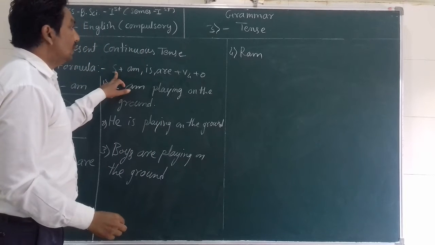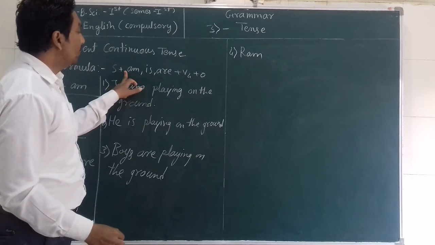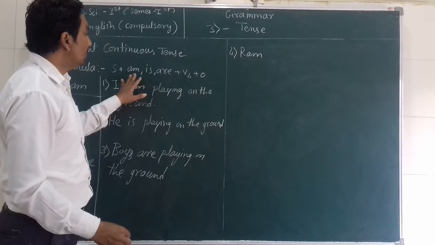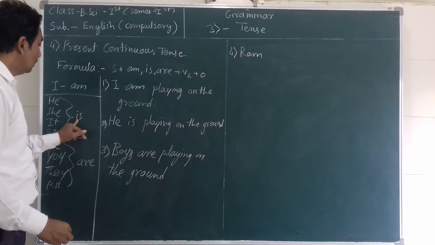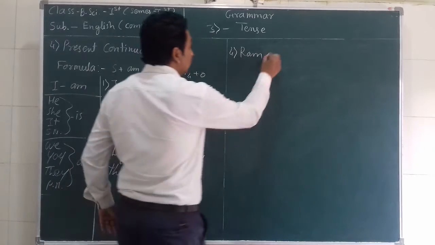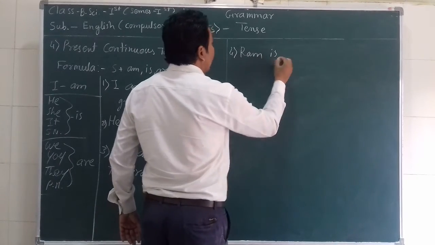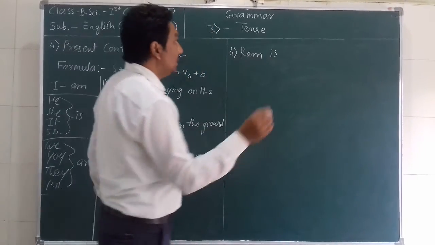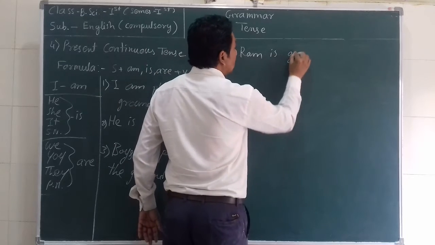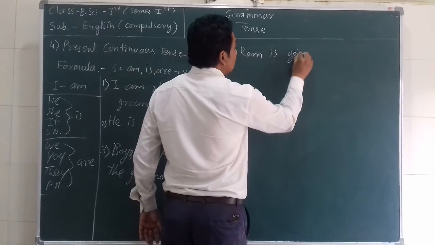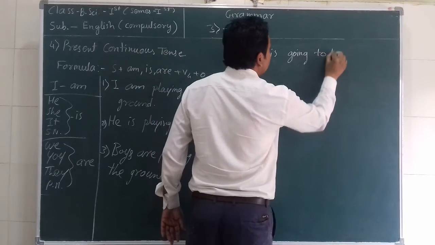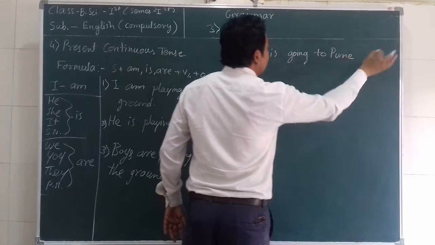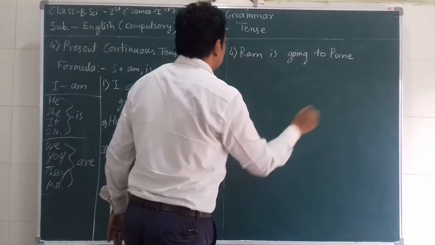After the subject, we take am, is, are from this. After the singular noun we need to use is. Then any V4. Suppose you want to take the verb go. What is the V4 form? It is going. So where are you going? To Pune, to Mumbai. Any object we can write in front of it.